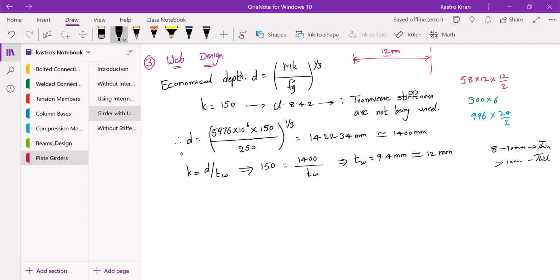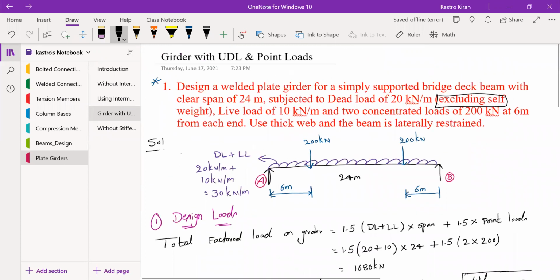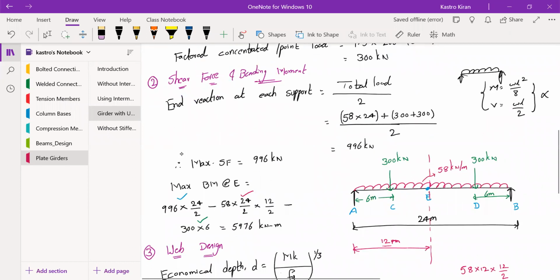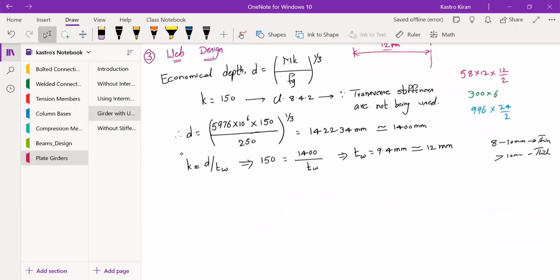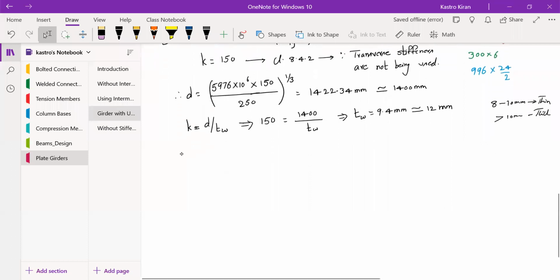In this problem, they have said use thick web. Since they have said use thick web, and since we are also not providing the intermediate transverse stiffener, you can increase the thickness of the web. I hope I don't repeat the same concept which we have done in the second model problem. Anyways, this is the thickness of the web.